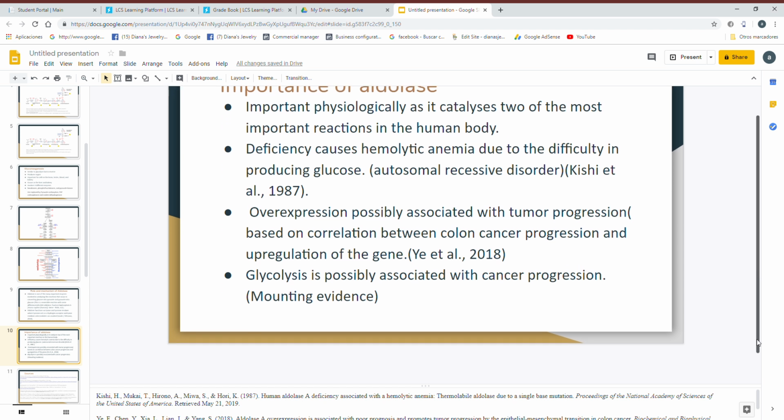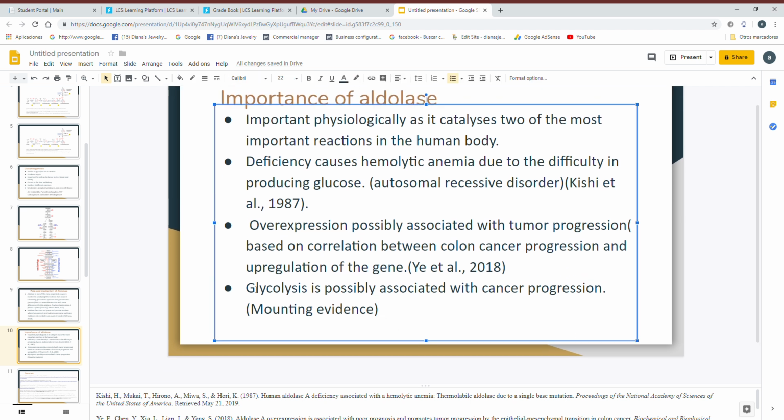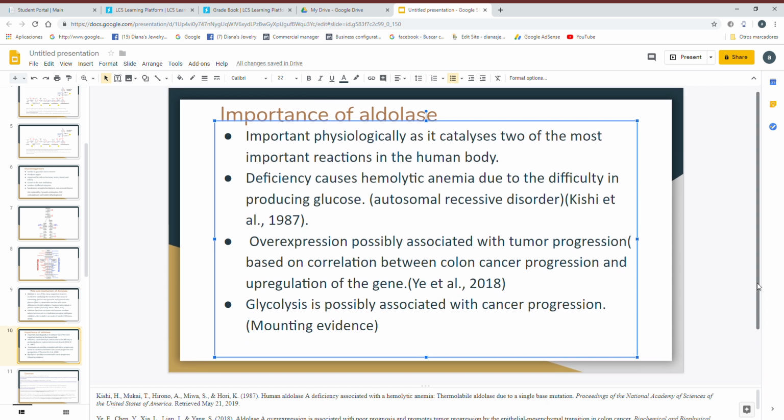And there's not really a simple cause for this, or a well-known mechanism or path that leads to this, but it would make sense, seeing as cancer is uncontrolled cell division, and when cells are growing they require energy. So if you need energy, you need to be creating a lot of glucose. So it definitely makes sense that there would be some connection between glycolysis, breaking down sugar for energy, and your cells dividing uncontrollably.